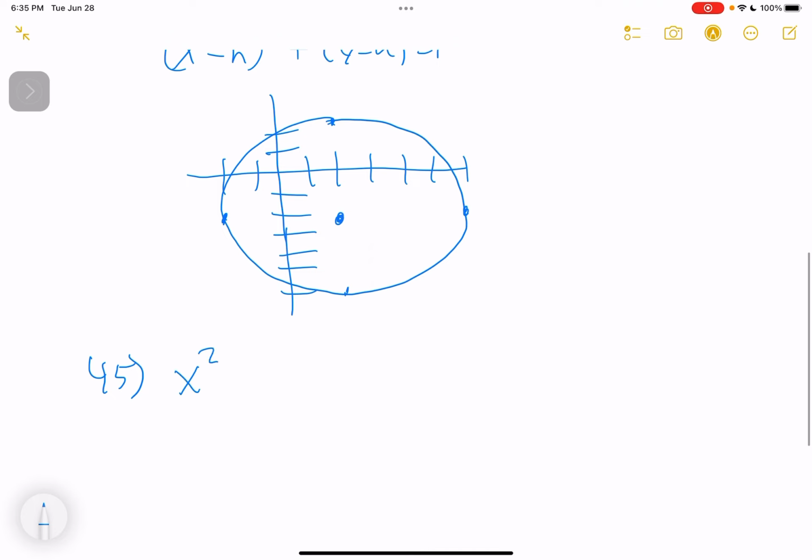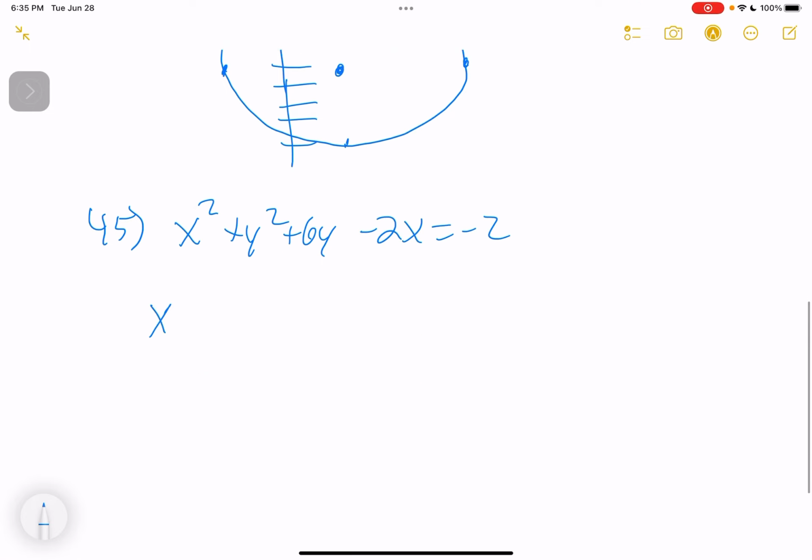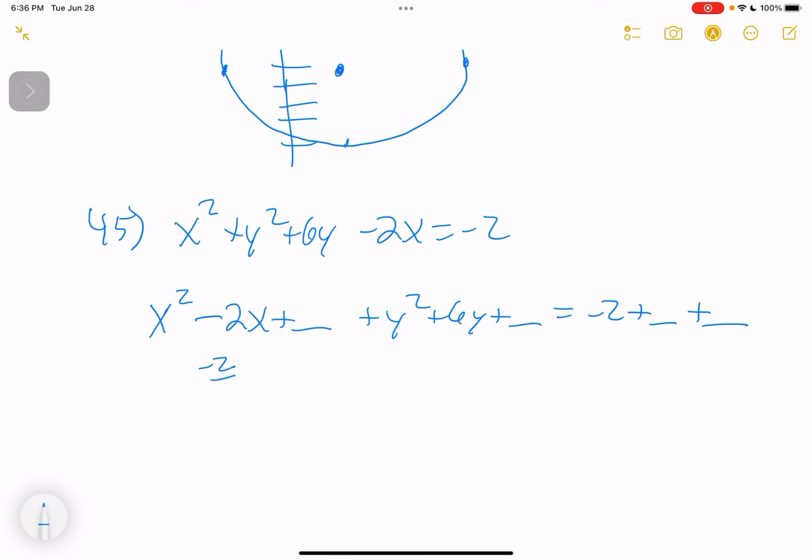x squared plus y squared plus 6y minus 2x equals negative 2. So we write this with the x terms together. x squared minus 2x plus blank plus y squared plus 6y plus blank is negative 2 plus the first blank plus the second blank. So we take this negative 2 and divide by 2, we get a negative 1.